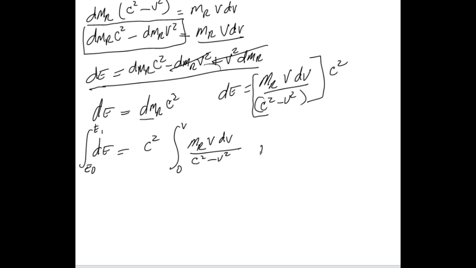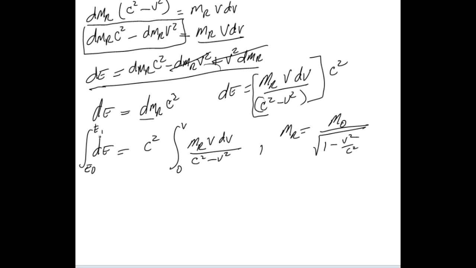So now remember, the relative mass is equal to m naught divided by the square root of 1 minus v squared over c squared. Okay, so I can plug that in there.